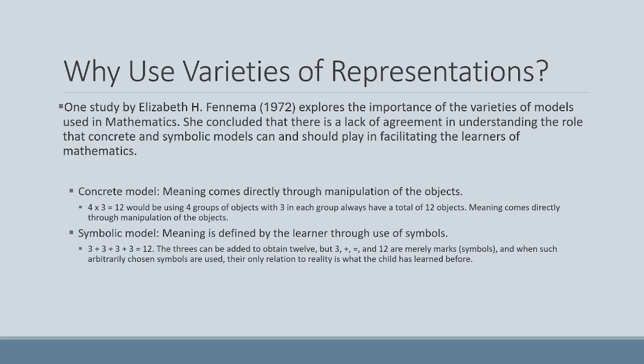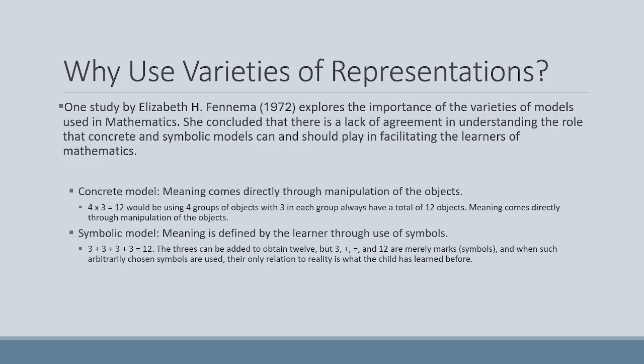And so in the study, she goes into explaining concrete models are those that come from directly manipulating something. So in this case, maybe there are 4 groups of 3 in each group. We're actually manipulating some kind of objects. Maybe that could be popsicle sticks or something similar. And so the meaning comes through that manipulation of the objects.